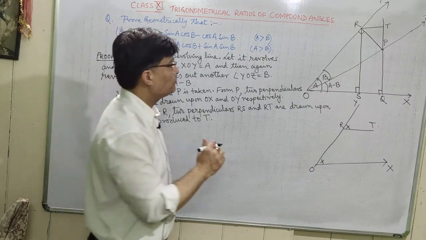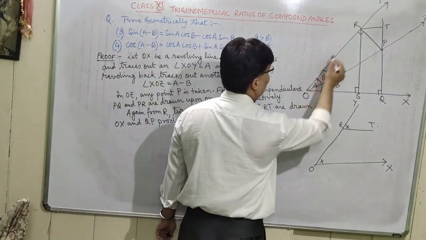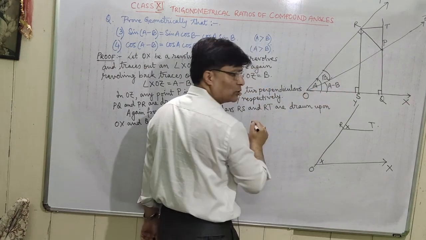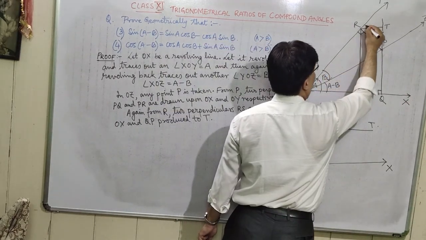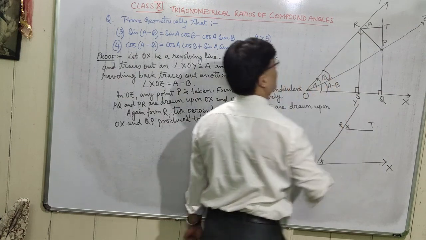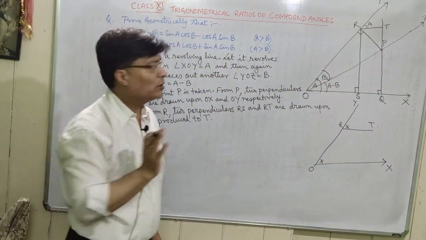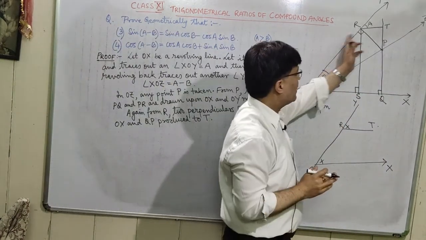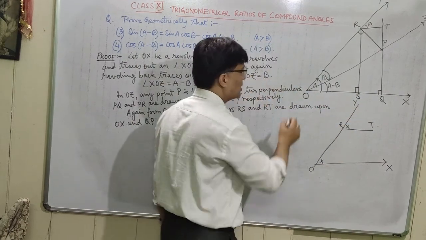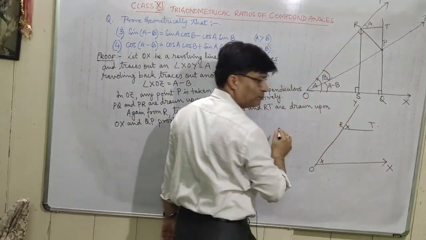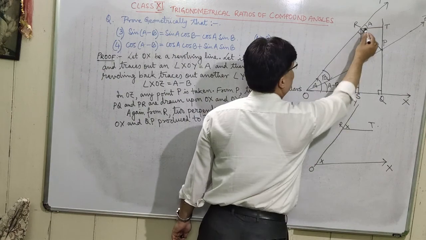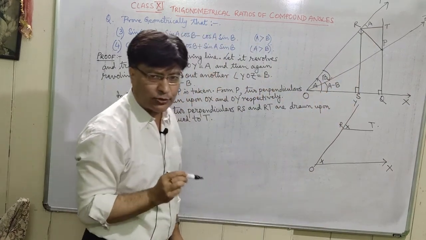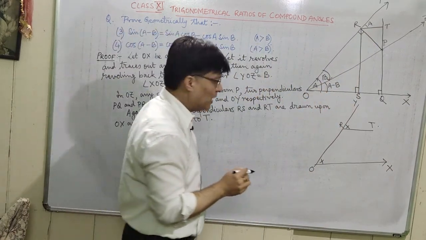Is that clear? So now if angle ROS is equal to A, this angle YRT is also A. Is that clear now? Because you know that if RT is parallel to OX and ORY cuts them, these two angles are known as corresponding angles, and these corresponding angles are always equal.